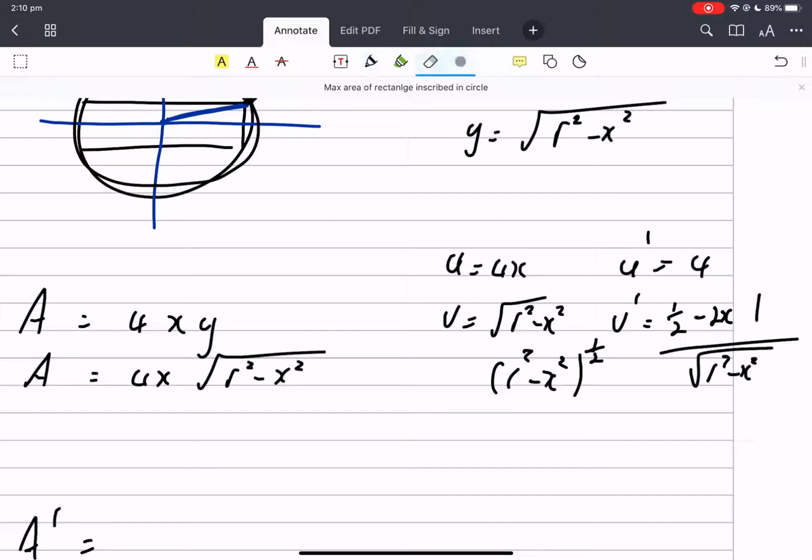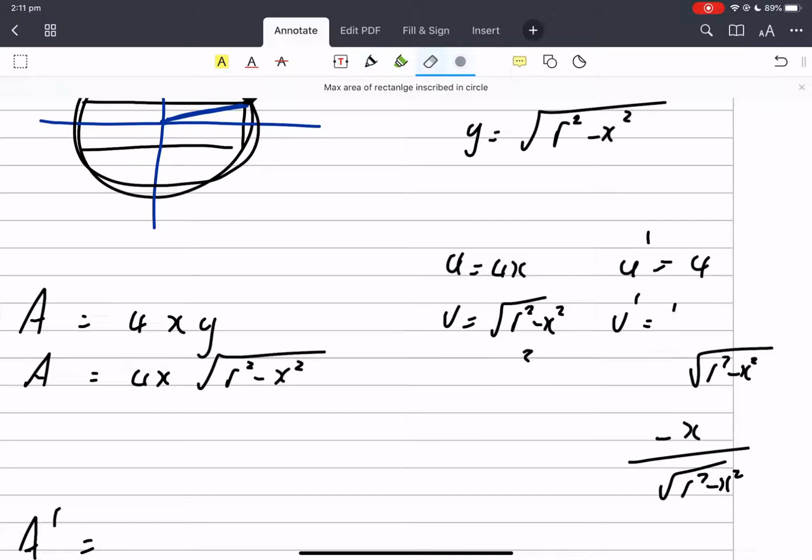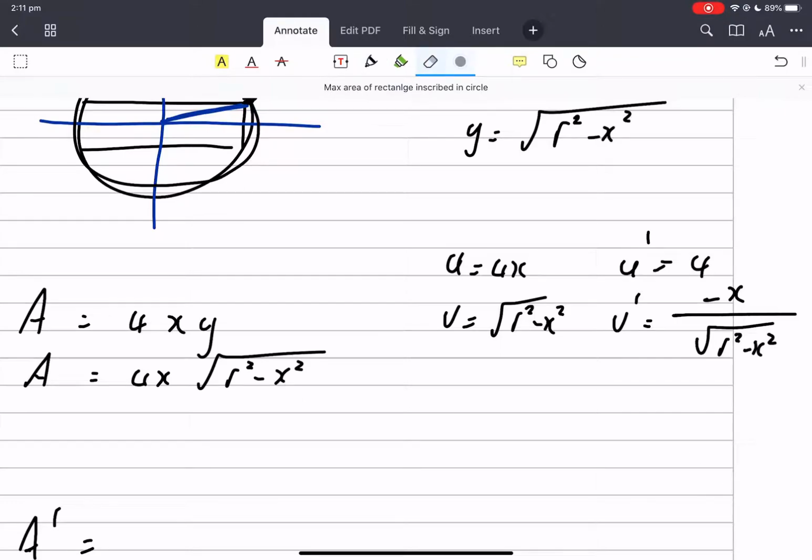So we've got to tidy that up a little bit, otherwise we're going to run out of room. So the 2 and the 2 will cancel, so it's going to be minus x on, so let's just get rid of all of that jazz, minus x on, there we go. Still got room.